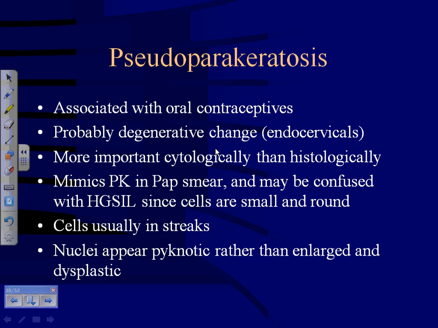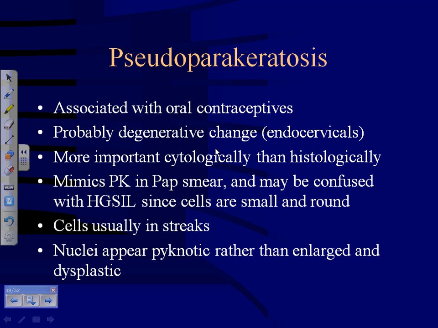All right, pseudo-PK is an entity that occurs in endocervical cells. It represents really a degenerative change, and it's often seen in patients with oral contraceptive use. It's the endocervicals that have undergone degeneration.